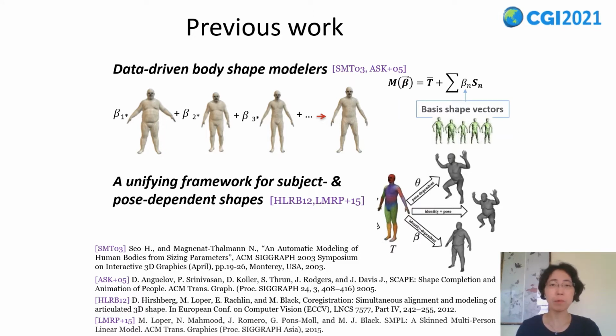Earlier models have focused on the generation of identity shapes by learning mathematical models relating the model parameters to the person-specific shapes. More recent models incorporate both subject-specific and pose-dependent shapes into a single unifying framework, allowing the generation of new posed body shapes at an interactive time rate.